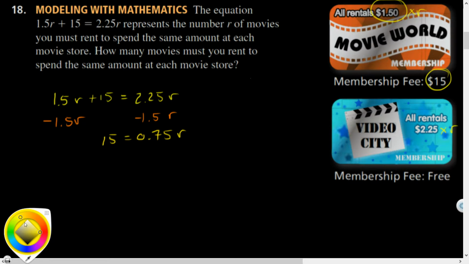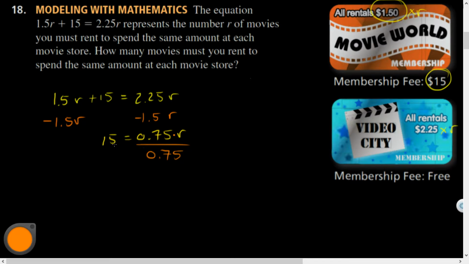And then how do I get rid of that 0.75? Because it's being multiplied, the inverse operation would be divide. 0.75 by 0.75. And so I'm going to get, what is it? 20 is correct. So I get 20 is equal to r, or r equals 20.